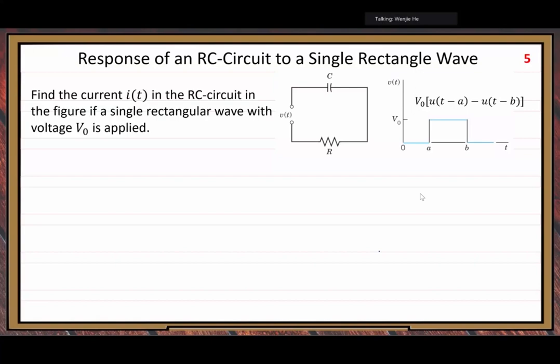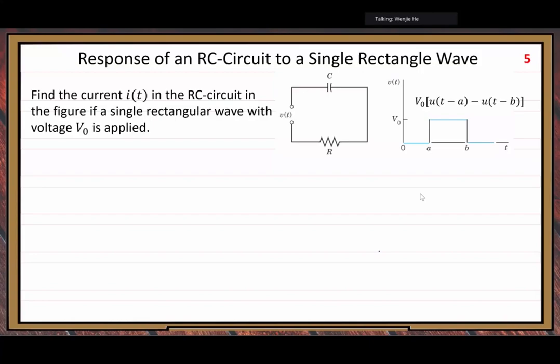The first term starts being non-zero from point A. Before A, both terms are 0. Between A and B, only the first term has contribution. Between A and B, the second term has no contribution, because before B, the second term is 0.